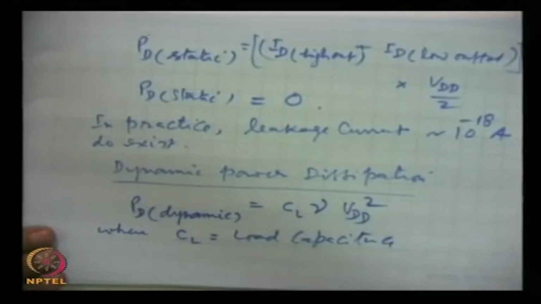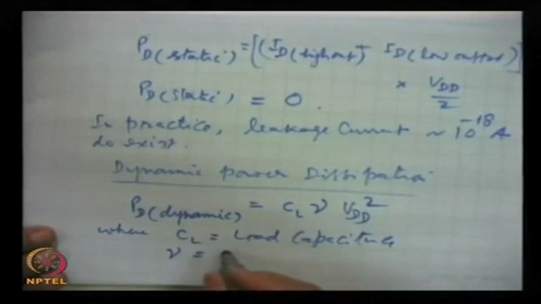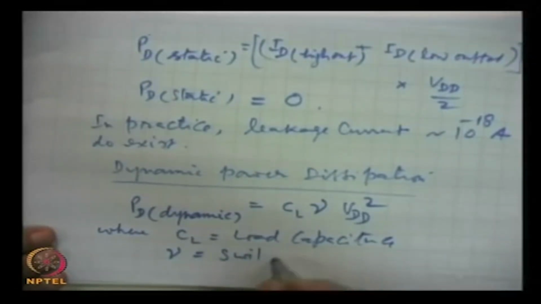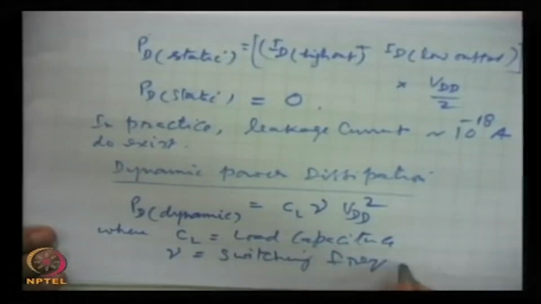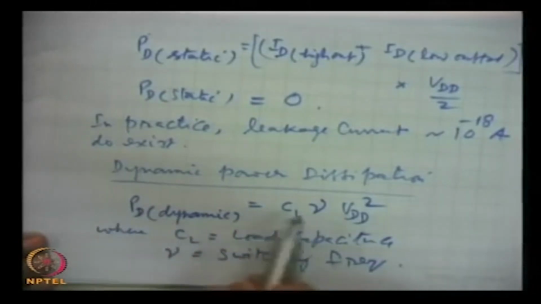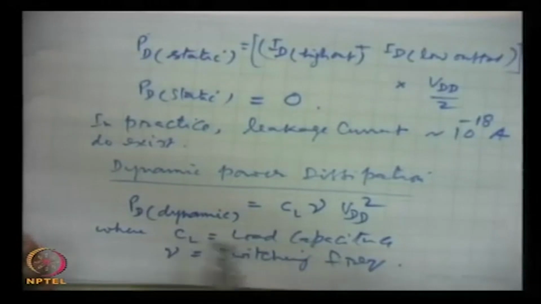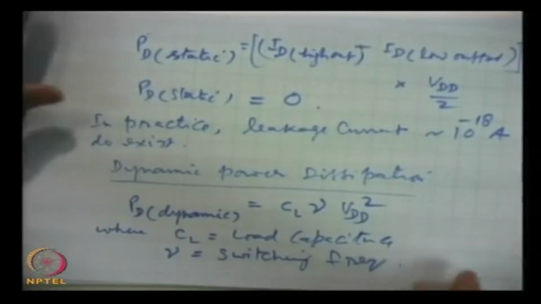All circuits have inherent capacitance associated with them. So, CL is the load capacitance and nu is the switching frequency.